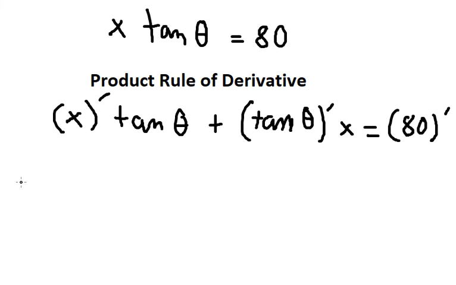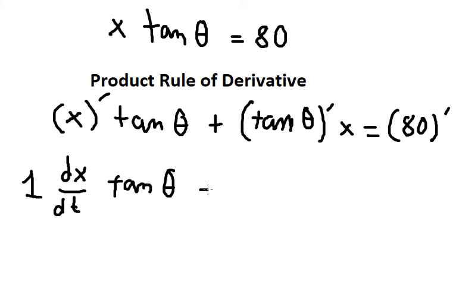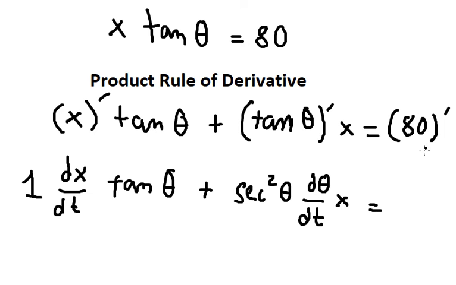So this one we have 1, ds over dt. This one we have secant squared theta, d theta over dt. This one you get 0.